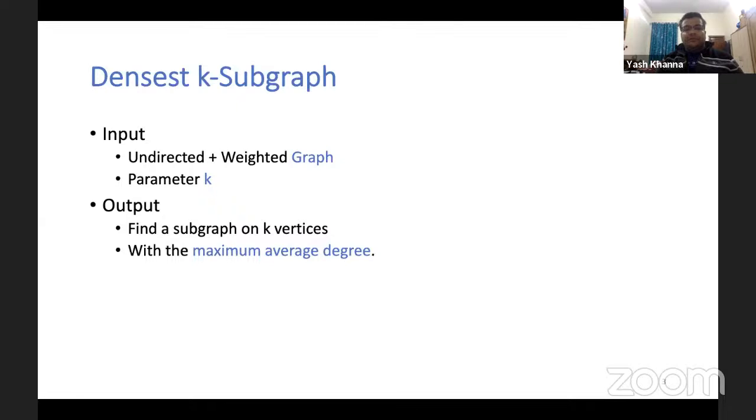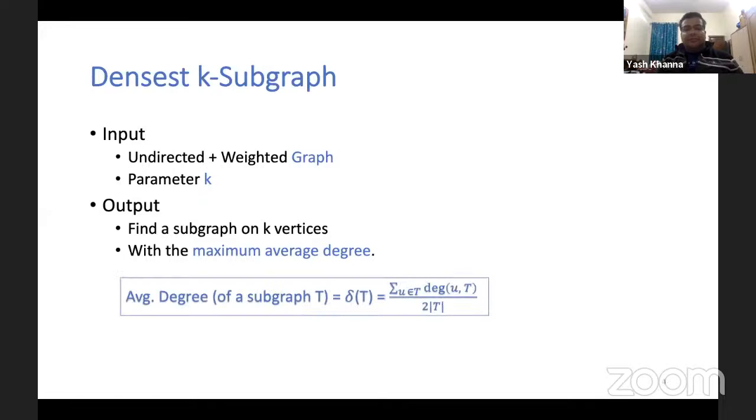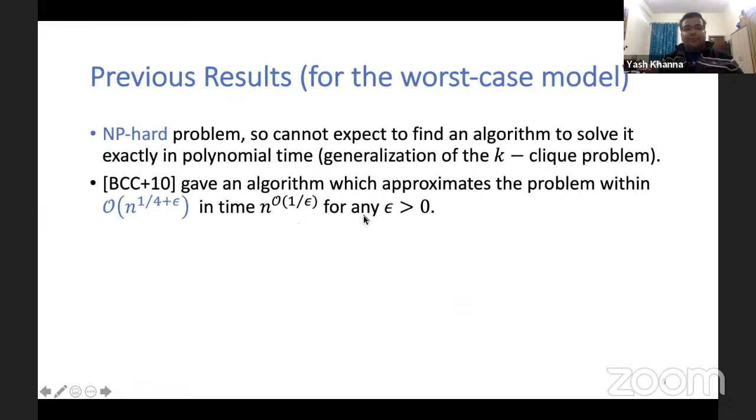Just to get some notation right, the average degree of a subgraph T, which I'll denote as delta T, is nothing but the summation of degree of all vertices u in T divided by 2 times the size of T. The standard definition of average degree. So what is known about this problem?